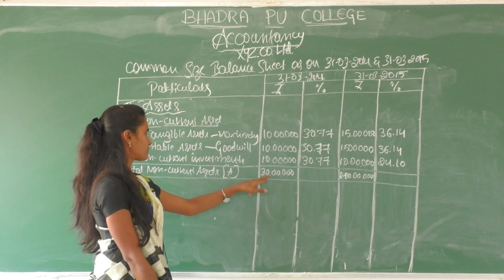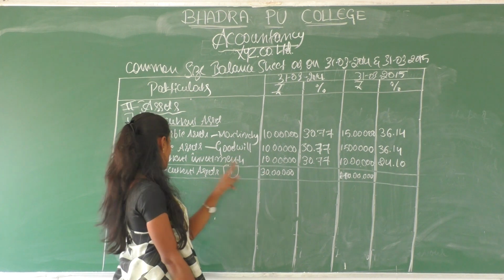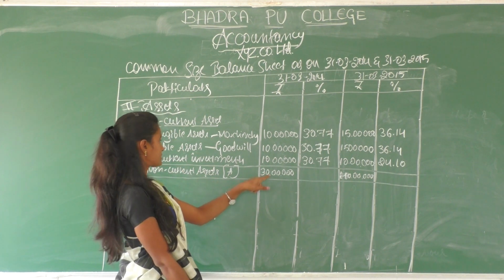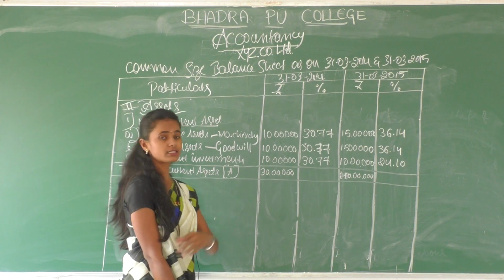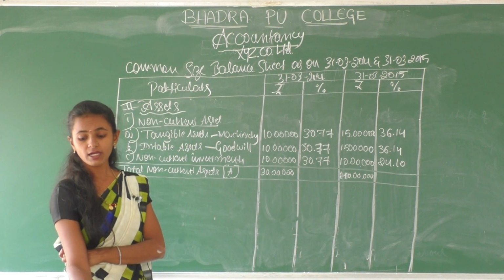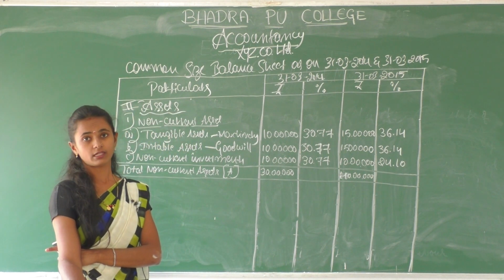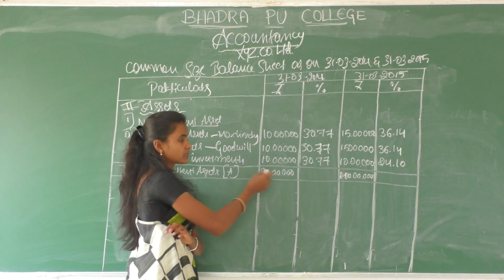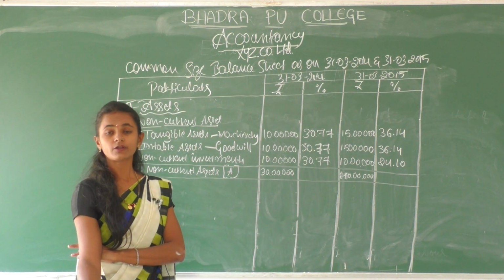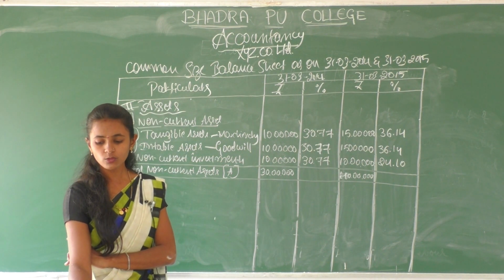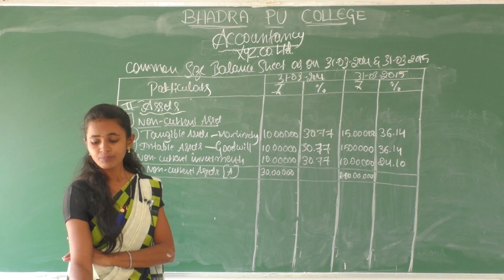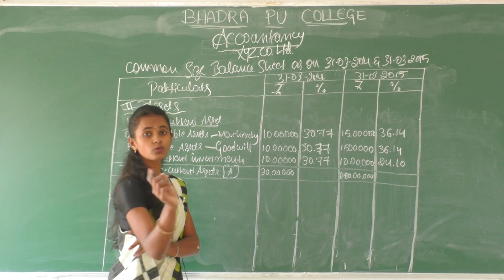So for the calculation, our total non-current assets in case of 2014 is 30 lakh and our common value is 32,50,000. So the calculation is 30 lakh divided by 32,50,000 into 100, then you will get 92.21%.